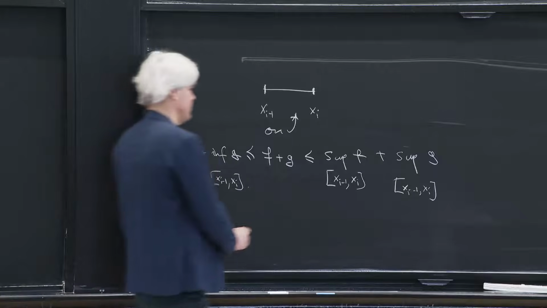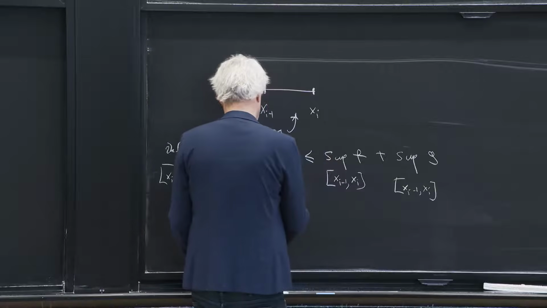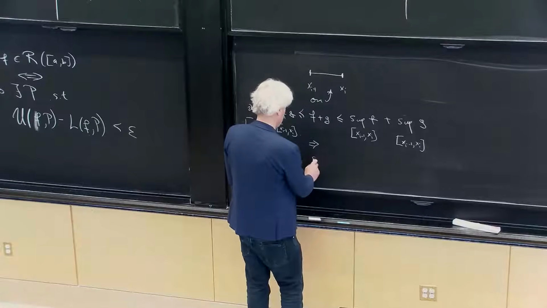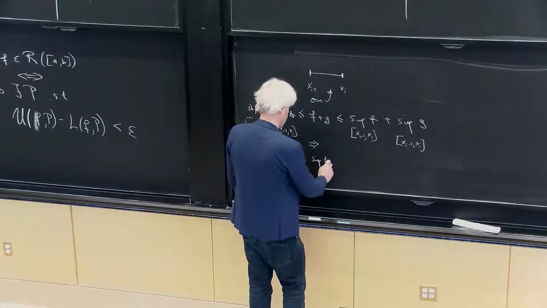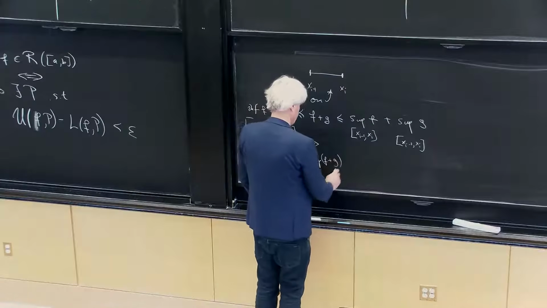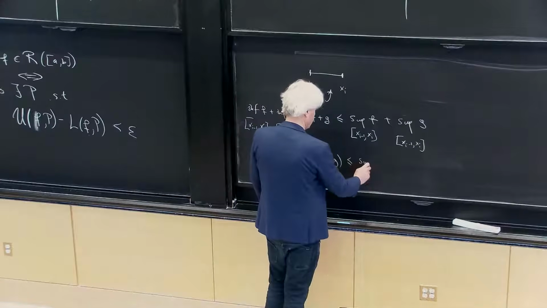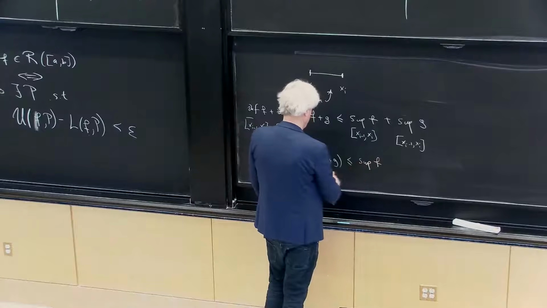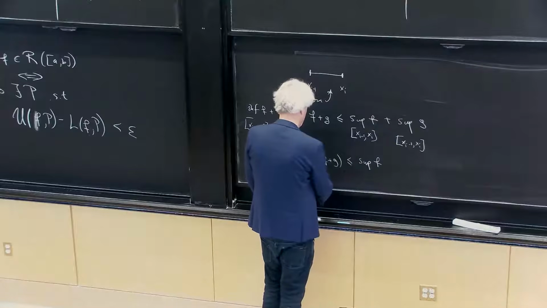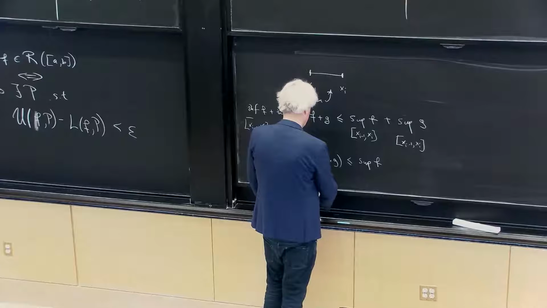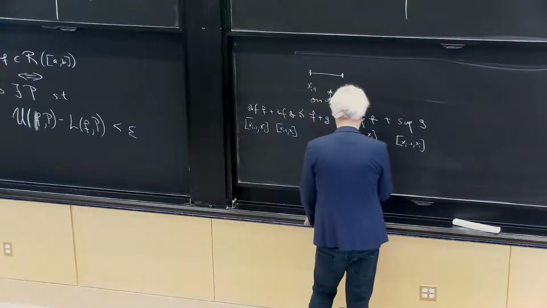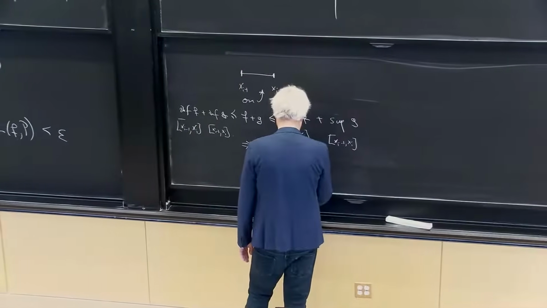And so, of course, this implies that on this interval, the sup of the sum is less than or equal to the sum of the sups on the same interval.